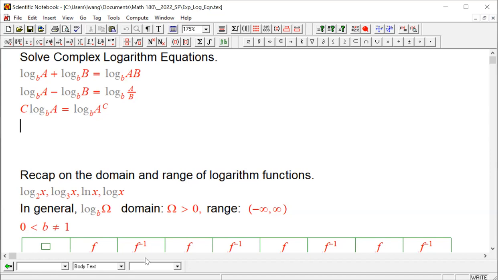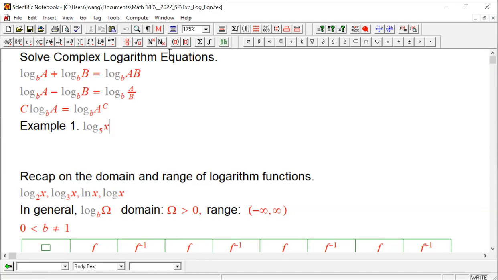The first one, example number 1. Here we have log base 5 of x plus log base 5 of x plus 1.